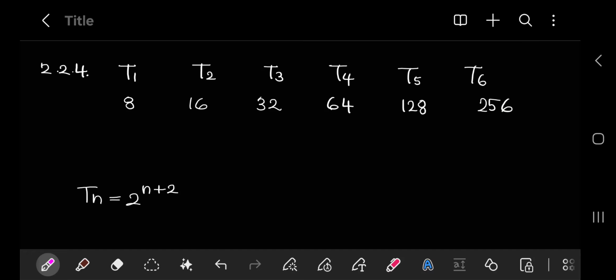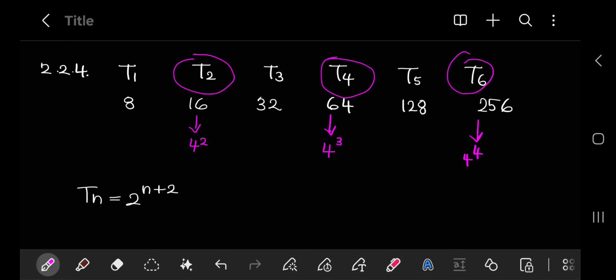So powers of 4 would be 16, which is 4 squared, 64, 4 cubed, and 256, 4 to the power 4. So what we notice is that it's term 2, term 4, term 6. Those are all powers of 4, which shows us that it's actually all of the even numbers, or even terms we can say, right?